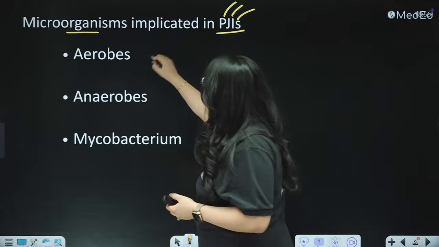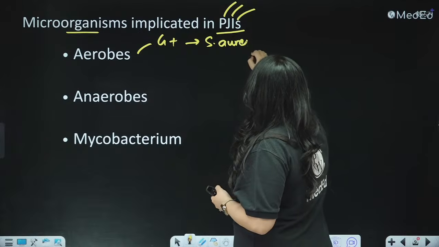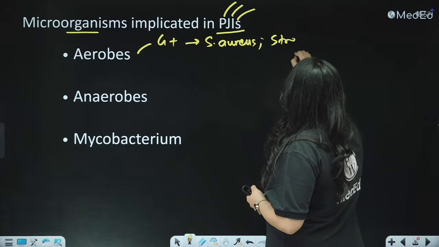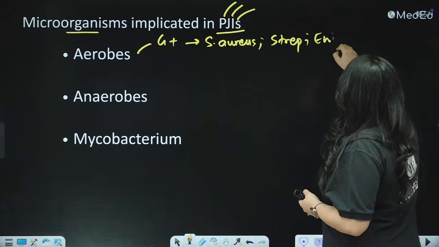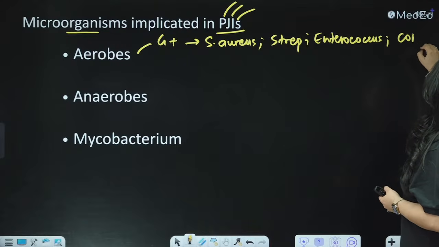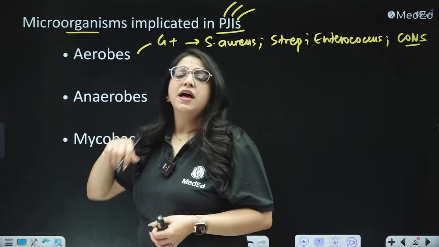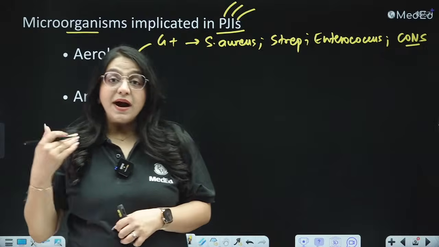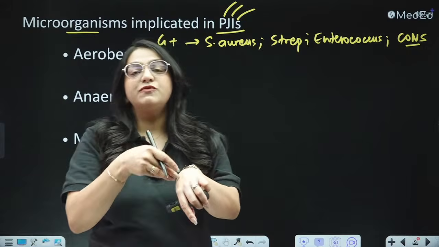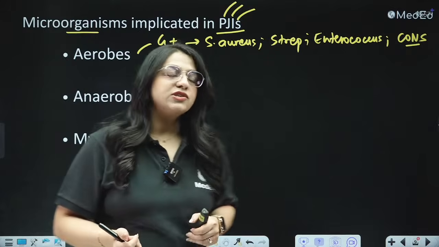So you have your gram-positive aerobes, such as your Staph aureus, Streptococcus, Enterococcus, and also certain important ones, CoNS, coagulase negative staph or other staphylococcal species, which are a part of the skin flora, but if they are introduced at the time of surgery inside the joint, deeper inside the body, they can cause an infection, right?